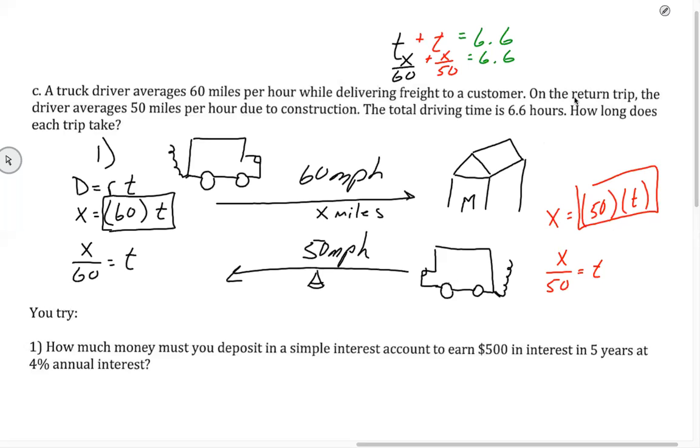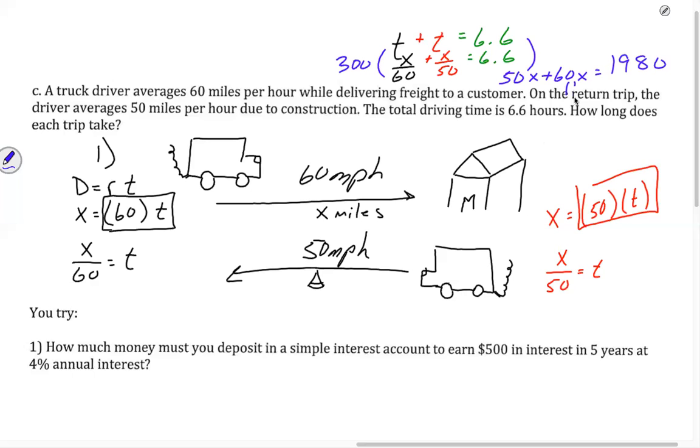Now, to get rid of divide by 60, divide by 50, I'm going to multiply the whole thing by 300. So that's going to give me 50x plus 60x equals, Nate, you follow along? Yep. 1980. That's a good decade.